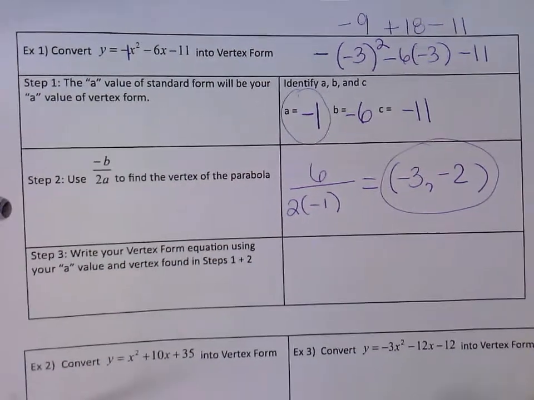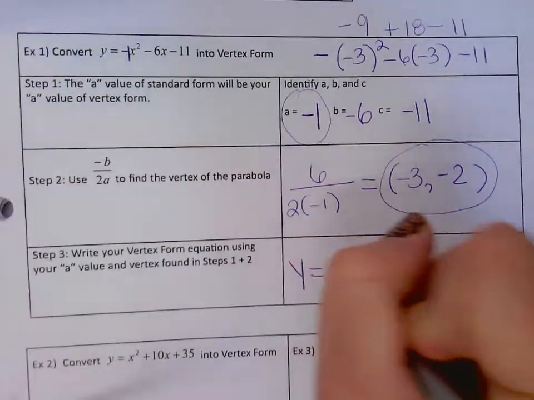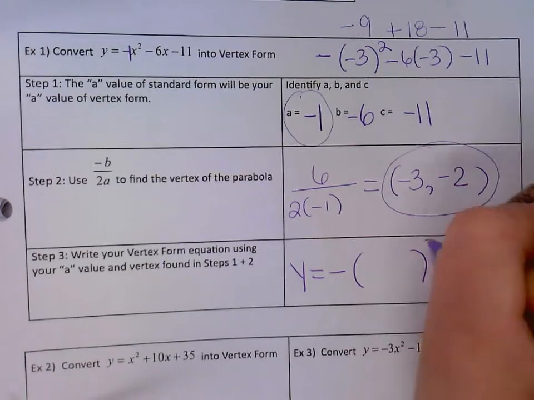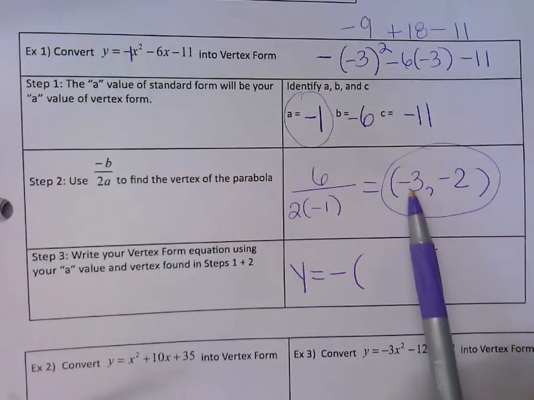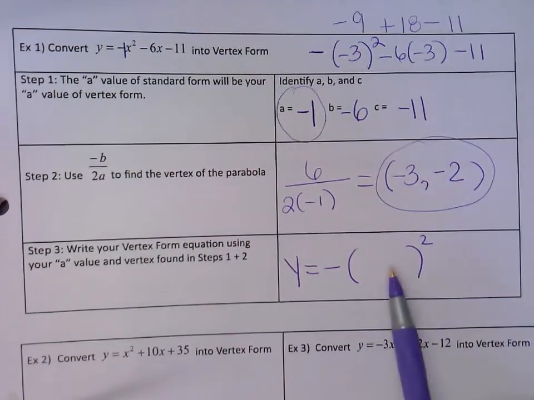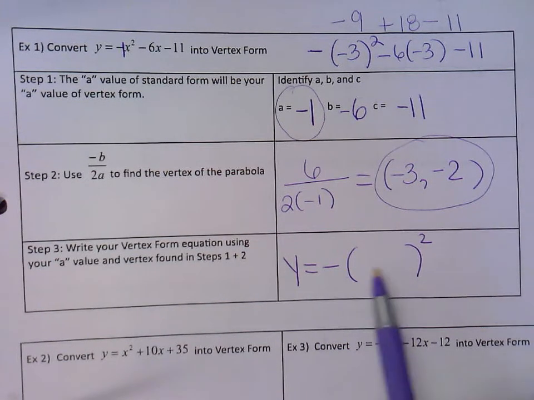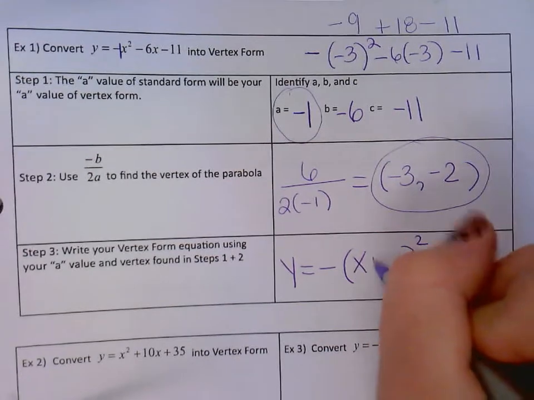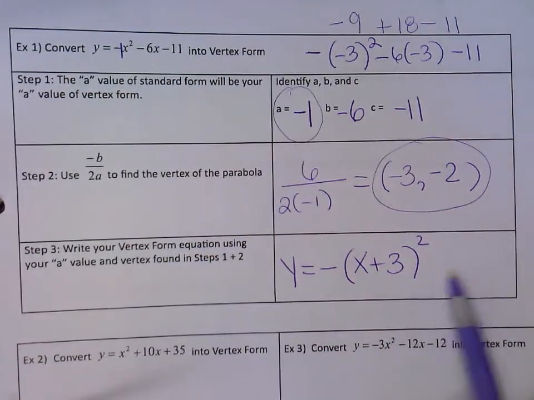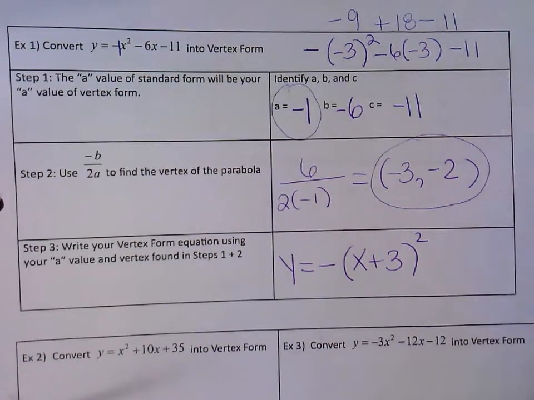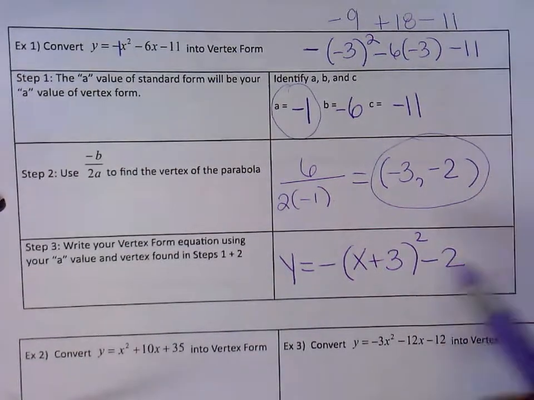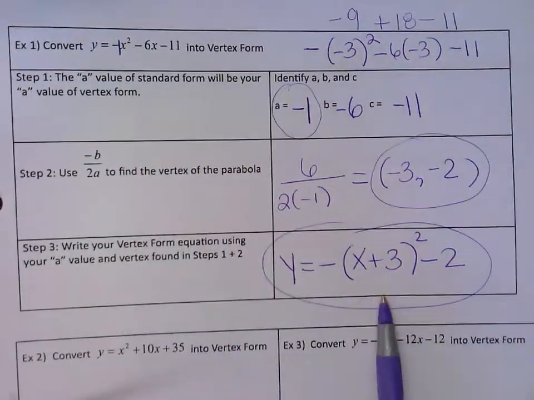So my vertex form equation is going to be y equals negative. How do I go left 3? What goes in the parentheses with x so that my vertex is at -3? X plus 3, right? And then what do I put out here to show that my vertex is down at -2? So this is the vertex form equation.